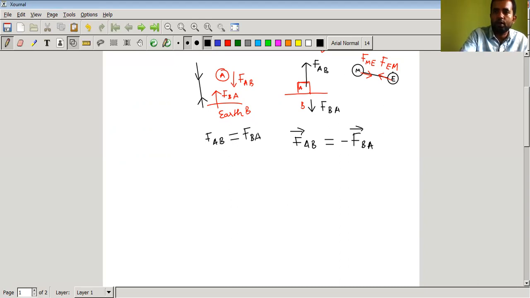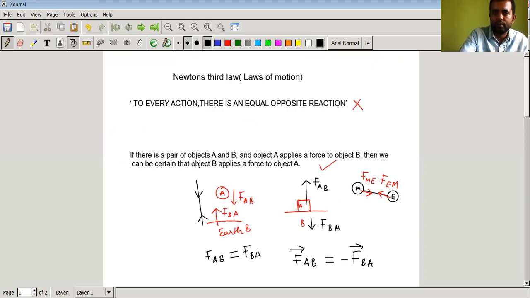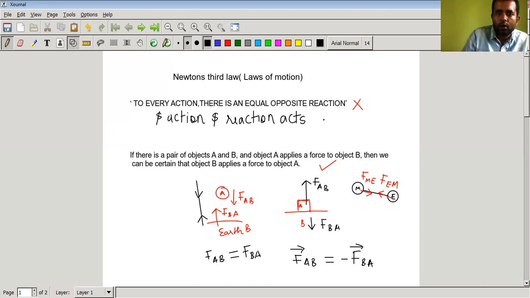Okay, so to make this one correct, we can say that to every action there is an equal and opposite reaction, and action and reaction act on different bodies. This is very important.